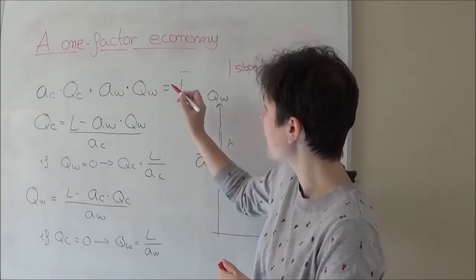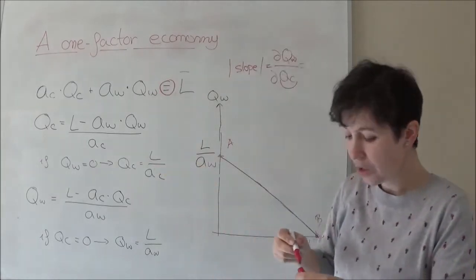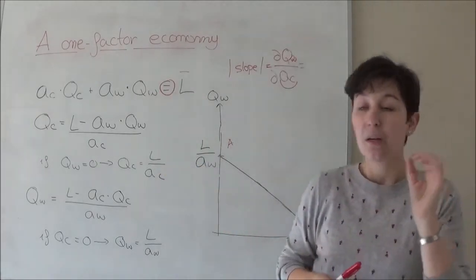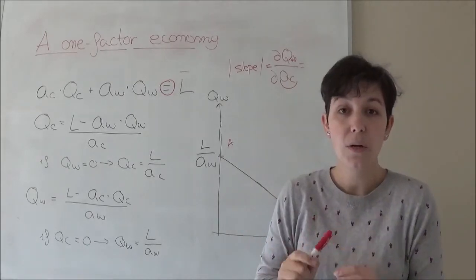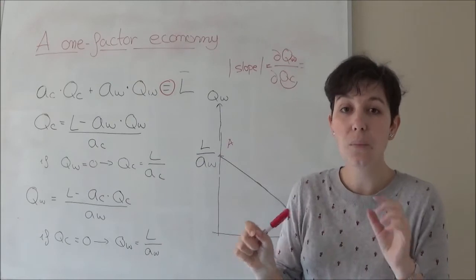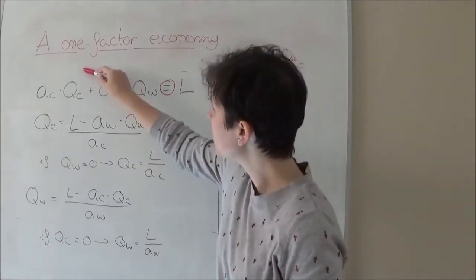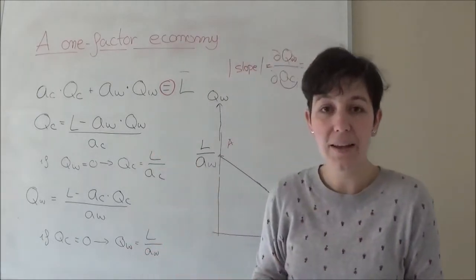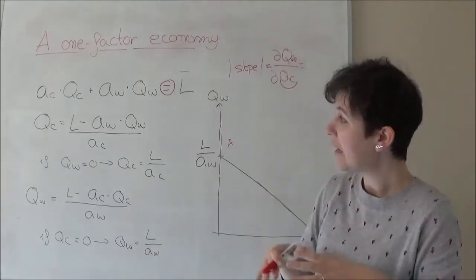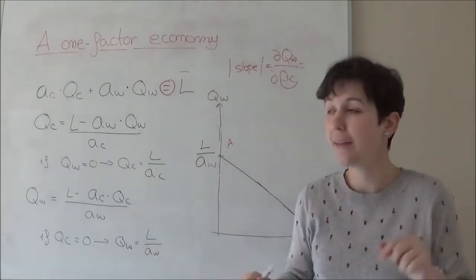That's why here we have an equal, okay? So it's the PPF. We can observe that the relation is always a straight line, because we don't have any square over here, for instance, or any variable that is dividing. As I said, it is going to be a straight line.